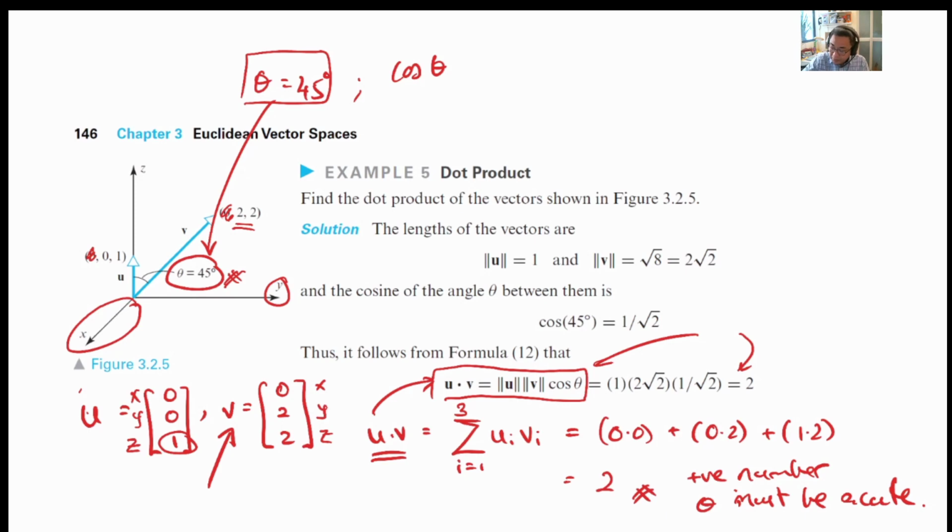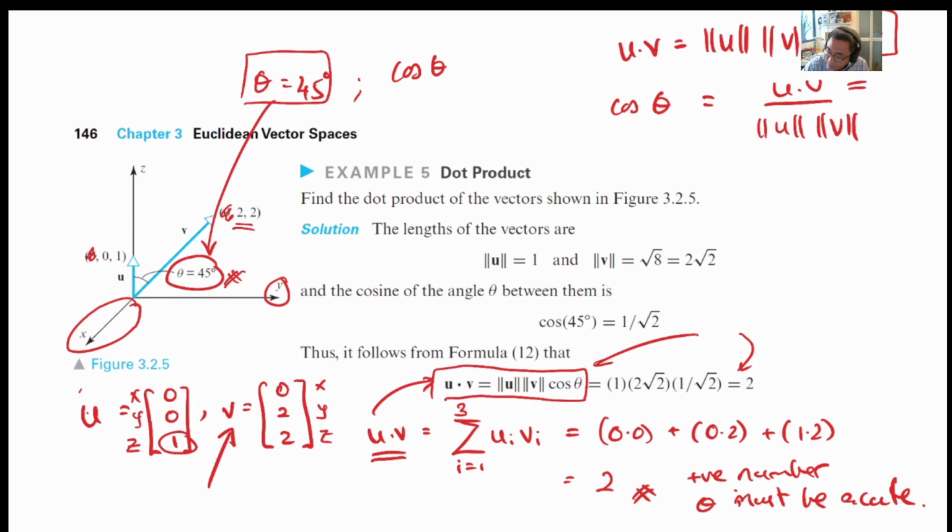Actually, the typical way to solve the problem is to do this. u dot v equals norm of u times norm of v times cosine theta. And because we are interested in cos theta now, we will reduce the equation to u dot v divided by norm of u times norm of v.